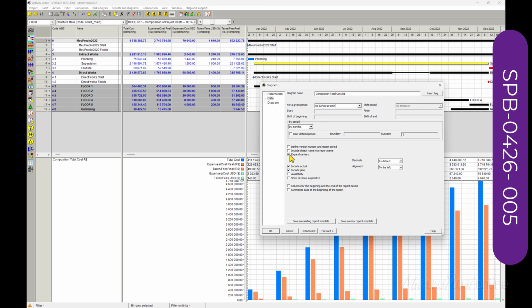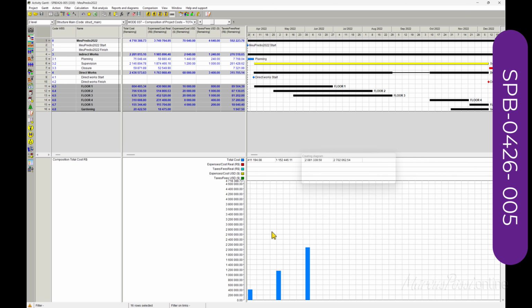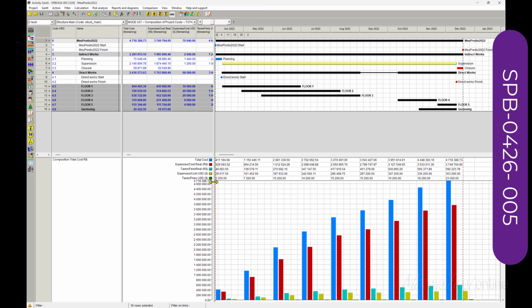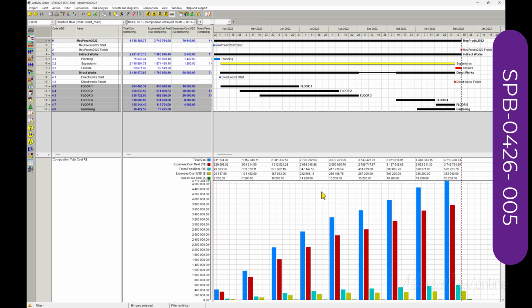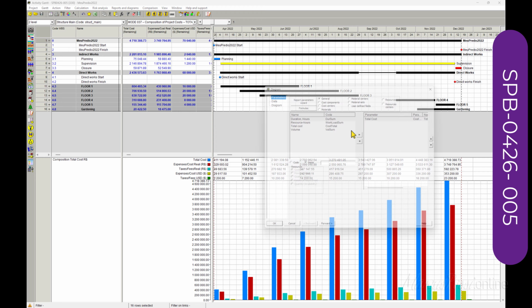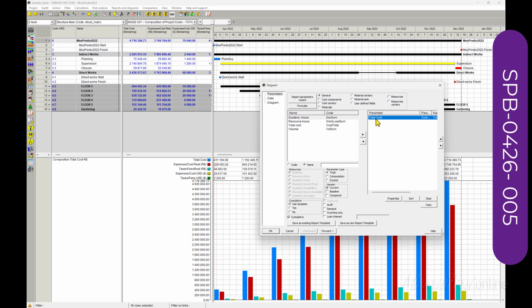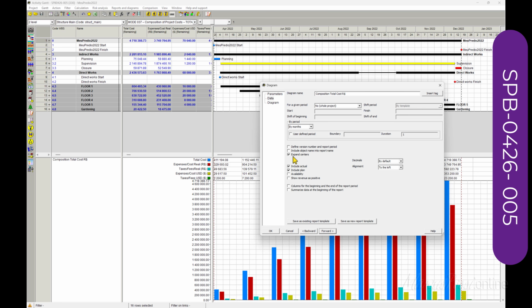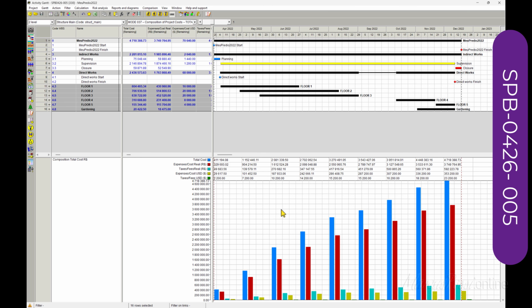Expanding centers will automatically show the cost components inside this cost center. That's the same as what we have done, but instead of choosing every cost component below the cost center, you just choose your cost center and ask to show it expanded into its details. That's the same thing.